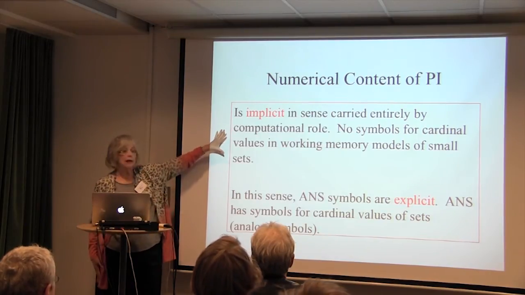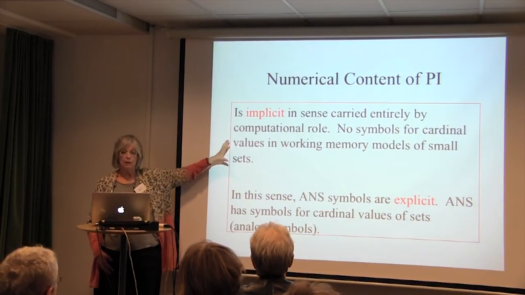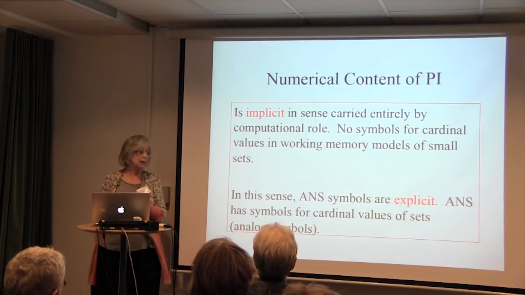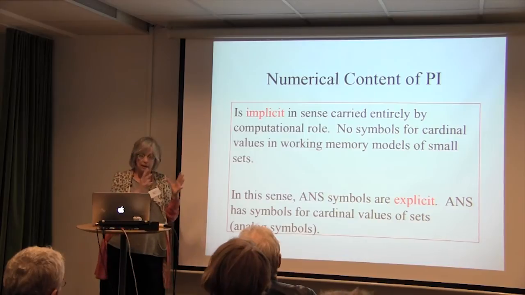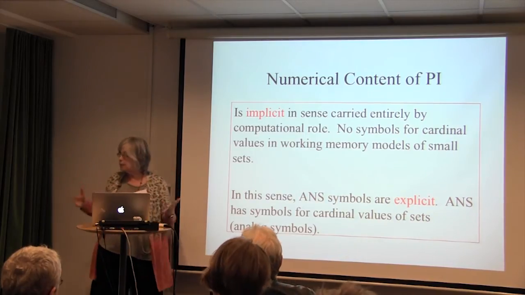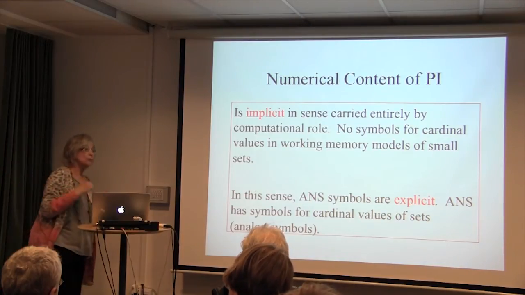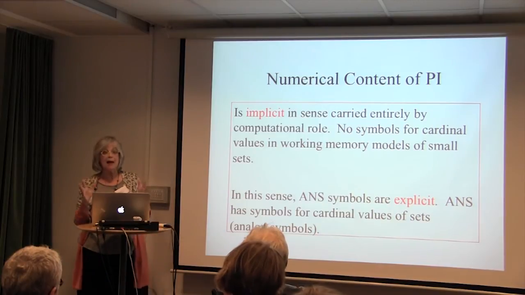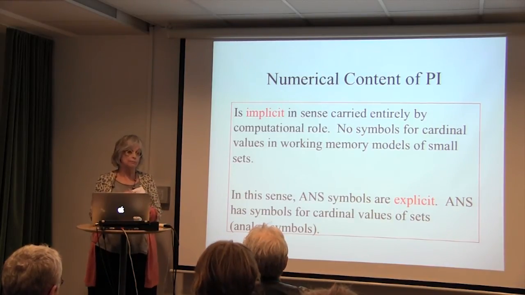So there is a sense of implicit that's really different from accessibility, it has nothing to do with verbalizability. It's saying sometimes the content in a symbolic representation of something that you're representing is carried by the actual symbols in the mind, and sometimes some aspects of the content are determined only by computational role.